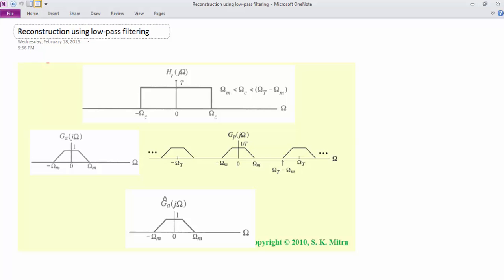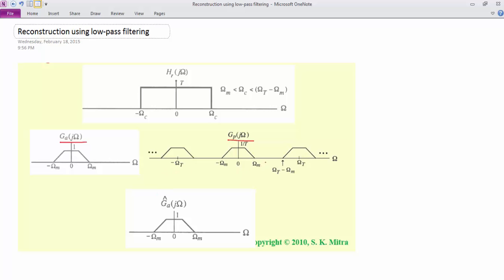We can address that question mathematically, but let's look at it first graphically. This is the Fourier transform of your original signal. From the samples, you construct the impulse sampled signal, the periodic impulse train g_p(t). This is the Fourier transform of that.